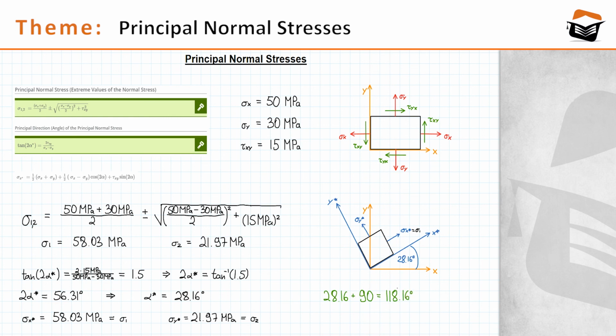And if you want to label that angle on the sketch, you have to make the angle extend all the way between sigma y star and the x-axis. This is 118.16 degrees.